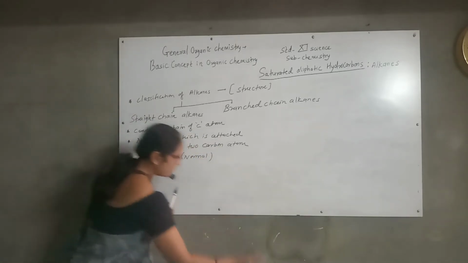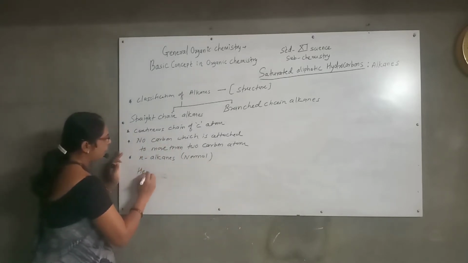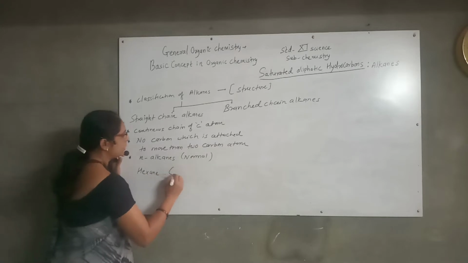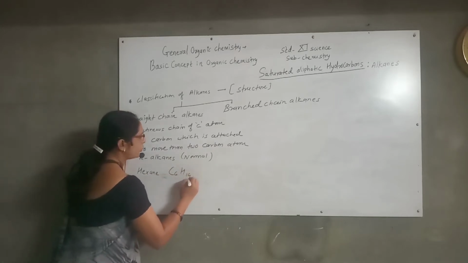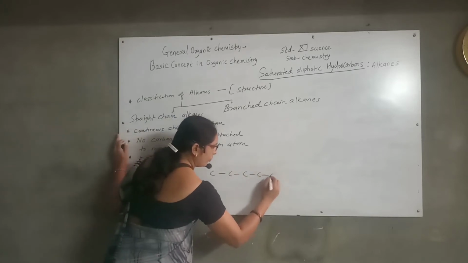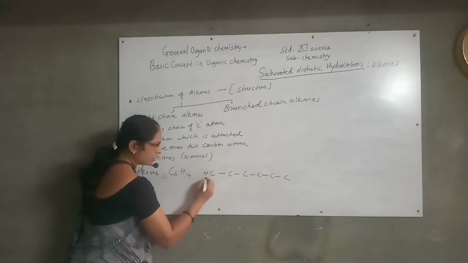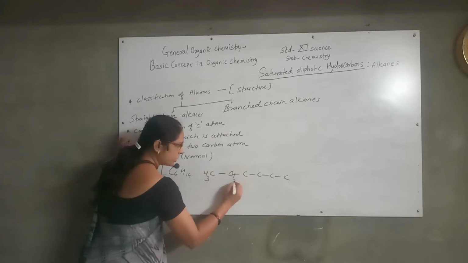So let us consider an example. Suppose I consider hexane, which has the formula C6H14. So it has 6 carbons. Let us consider the formula CH3, CH2.